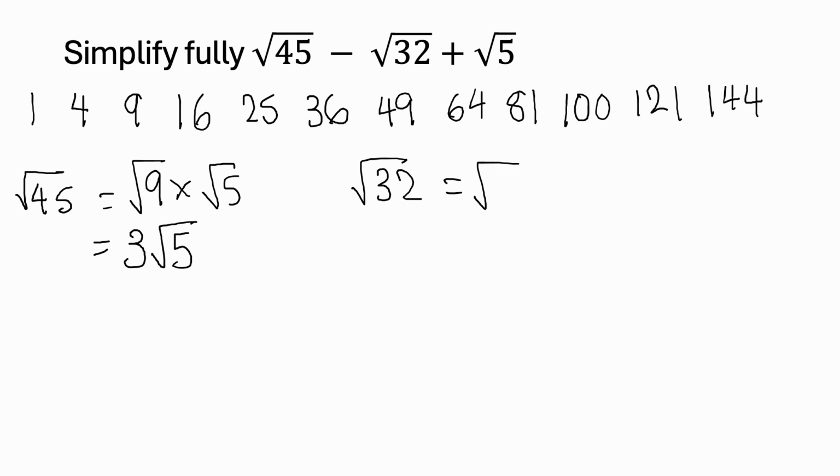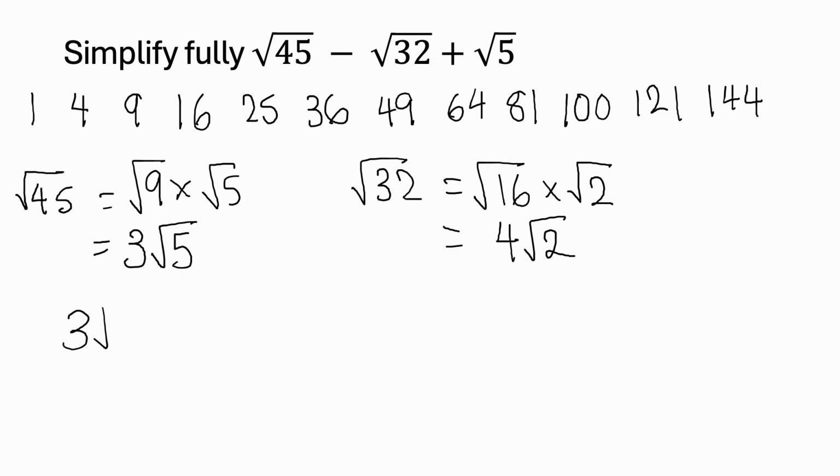So, yeah, let's do root 16. So root 16 times root 2 makes root 32. Square root of 16 is 4, so it'll be 4 root 2. And root 5 just stays as it is because you can't simplify that.